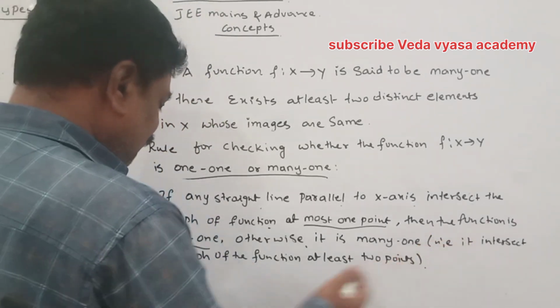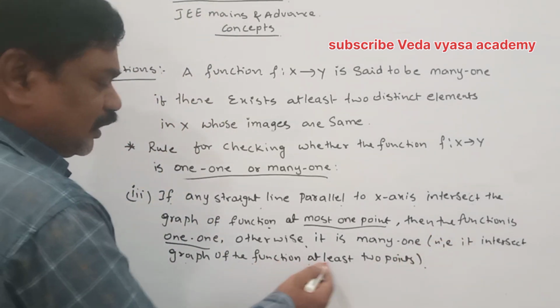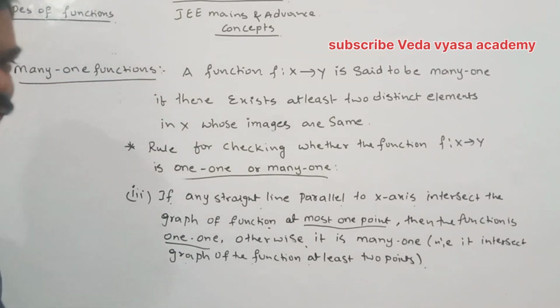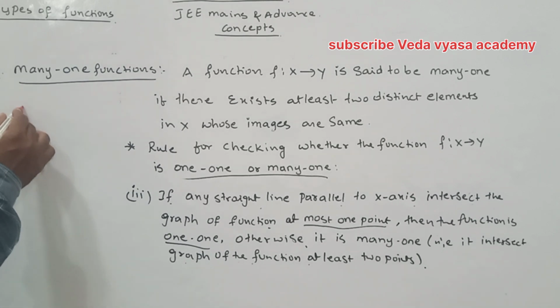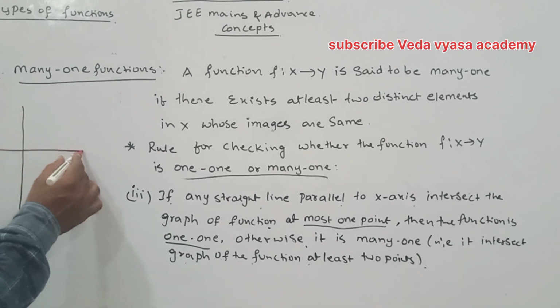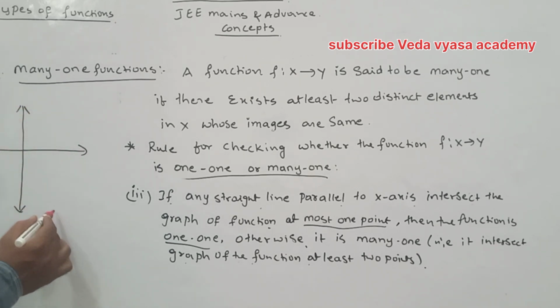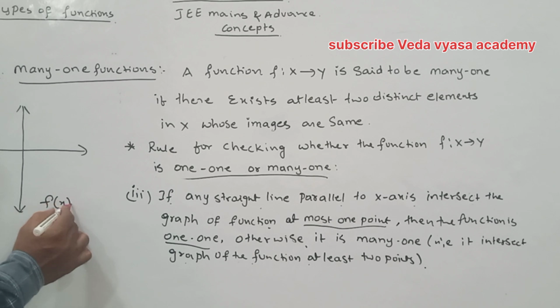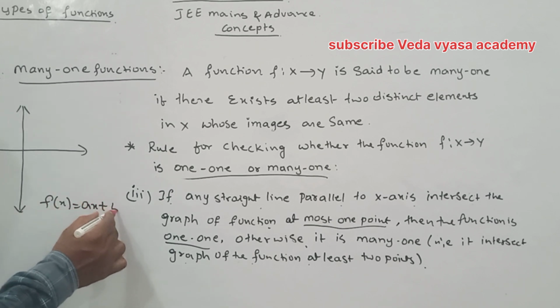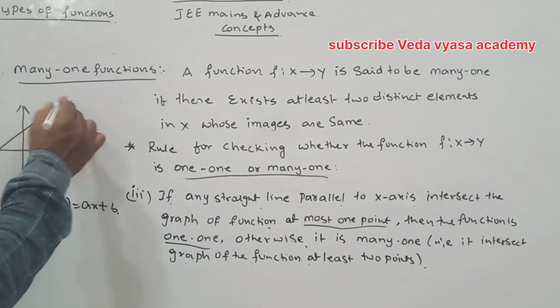That is, if it intersects the graph of the function at least 2 points, it is many one function. So you take the graph like this. Here f of x is equal to ax plus b graph. Suppose this is the graph.